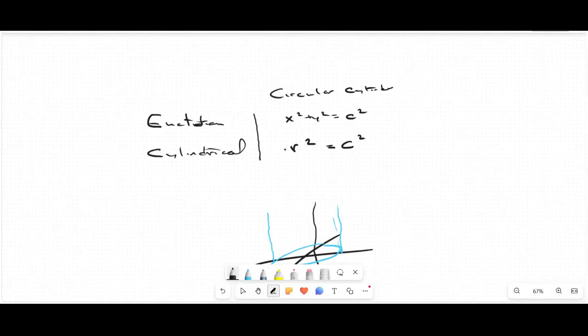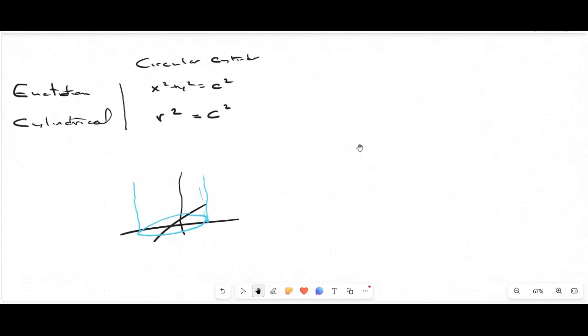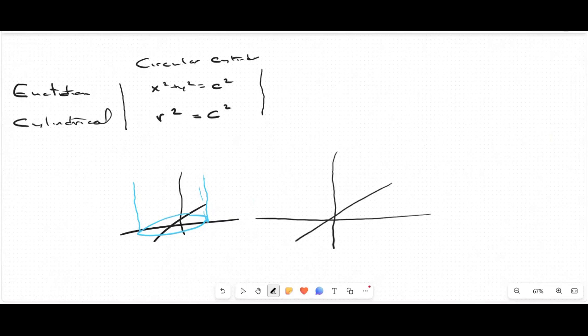Let's try another one. Let's say you wanted a cone. So what does a cone look like? Maybe like this, right?